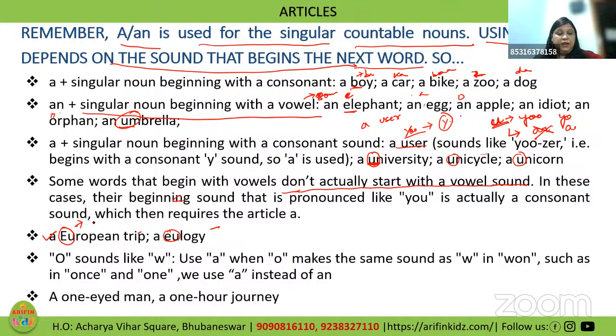Why? Because E should be pronounced as a, but here it is pronounced as U. Also, when O sounds like W, how does W sound? Wo. If it is pronounced like that, we also use a instead of an.